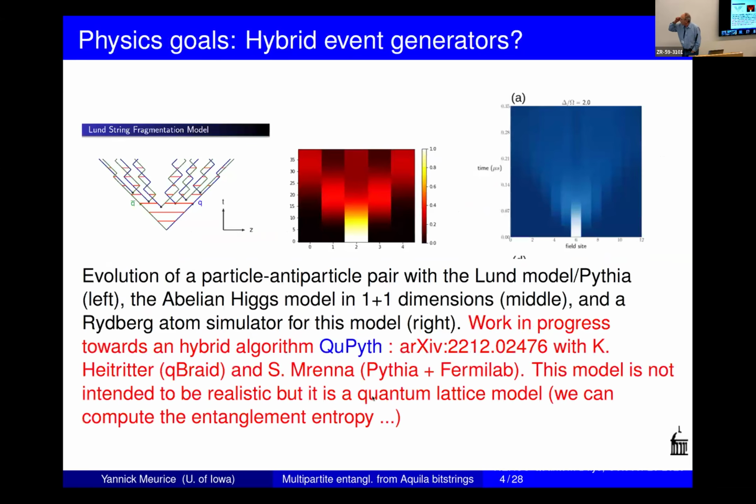The physics motivation is to do real-time evolution with strongly interacting particles. That is important for collider physics, where currently you have event generators that are big business in high energy experiments. 20% of the computing budget is spent on event generation at CERN.